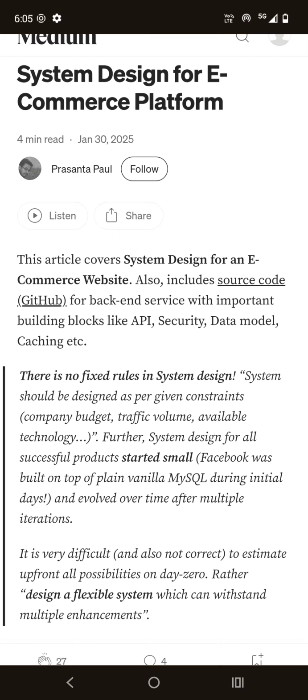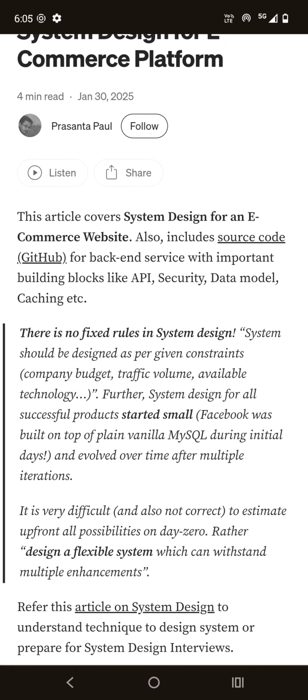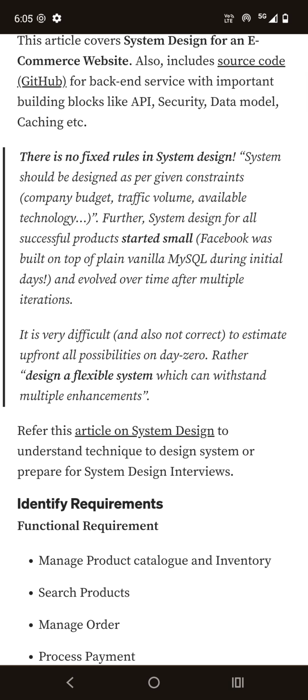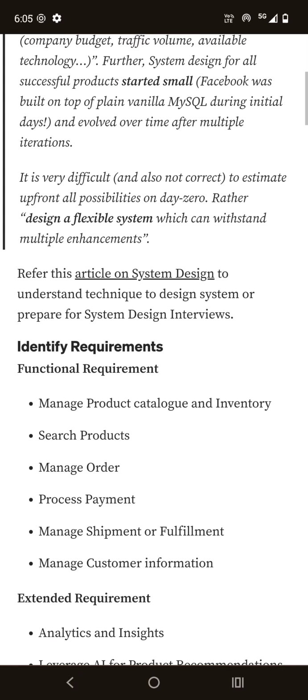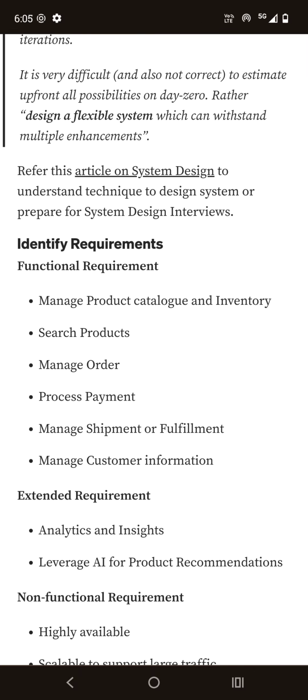And also the system should be scalable and reliable. These are the common factors, we know that. But the main thing is, when you are building a system, you need to understand the functional requirements. You can see non-functional requirements, both are very important.